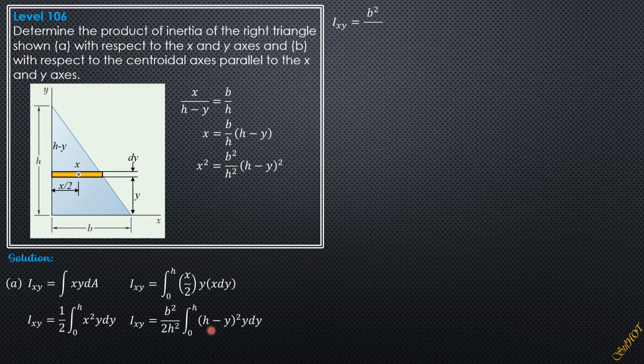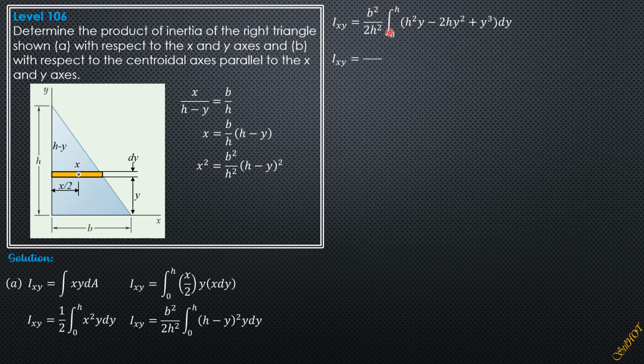So Ixy equals b squared over 2h squared, quantity integral 0 to h of h squared y minus 2hy squared plus y cubed, because this is h squared times y, so h squared y, minus 2hy, the middle term, times y, so minus 2hy squared. The last term is positive y squared times y, so y cubed dy.